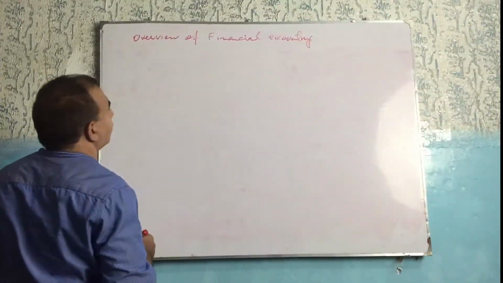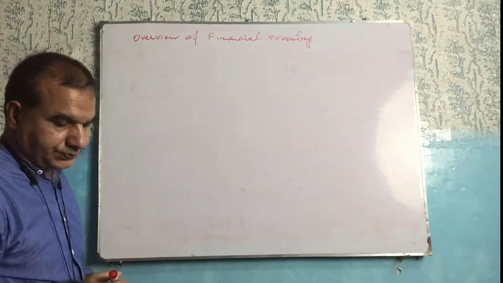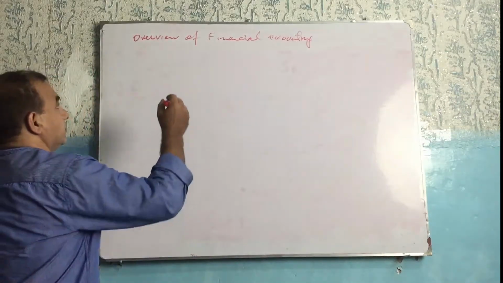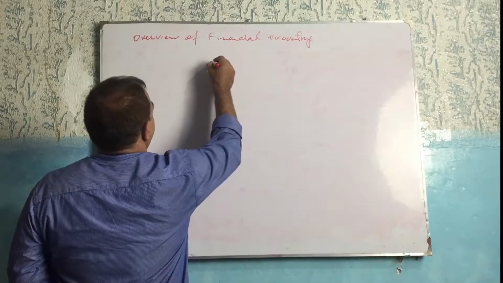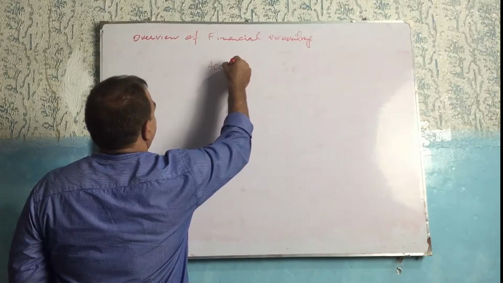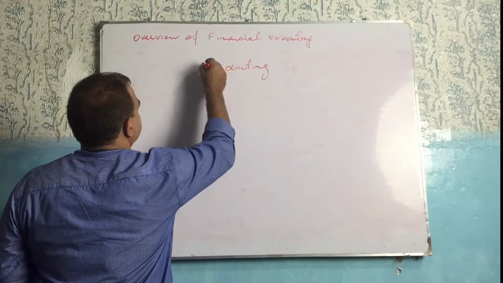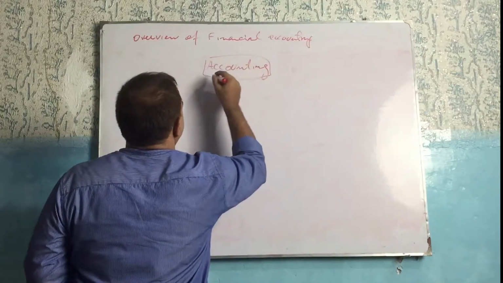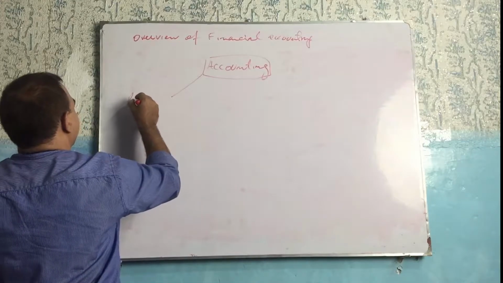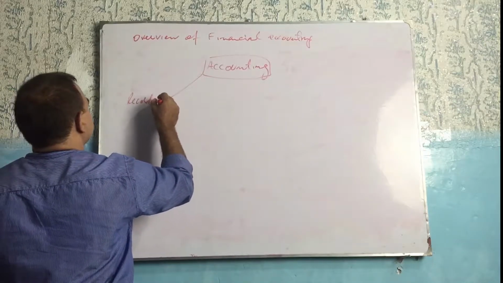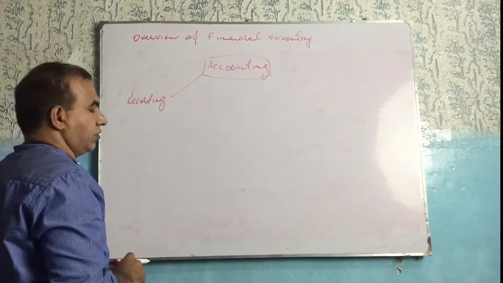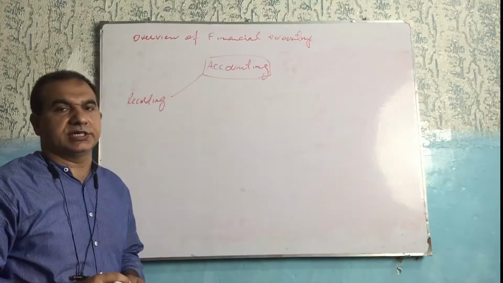So, overview of financial accounting. Accounting has two basic elements. First is recording. Whatever business you are starting or doing, you need to keep a record of each and every financial transaction.